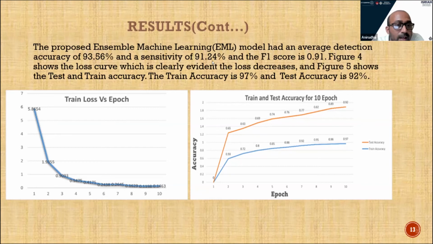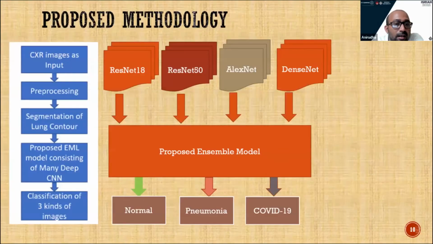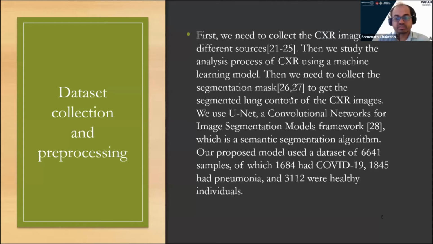What is the sample size of the test? The dataset that we used has 6,641 samples, out of which 1,684 are COVID-19 positive, 1,845 are pneumonia, and 3,112 are healthy individuals. So you can see this dataset is very well distributed.